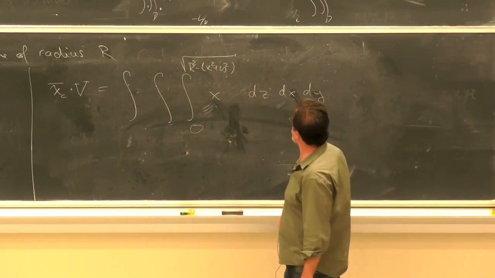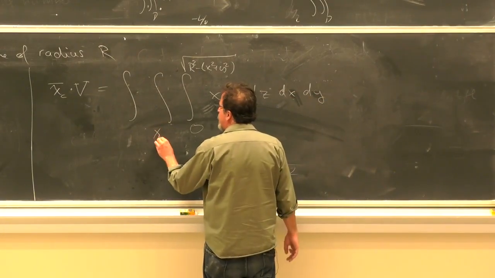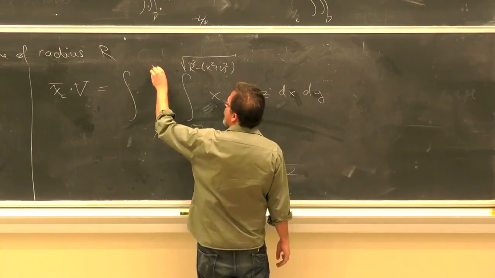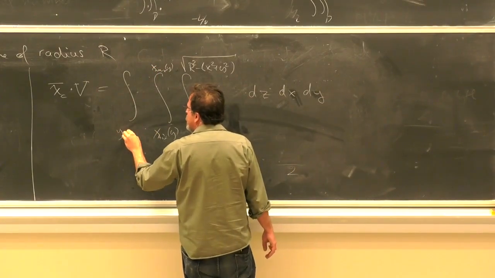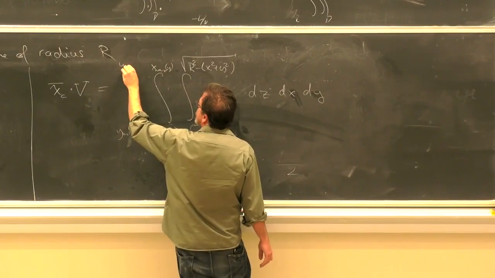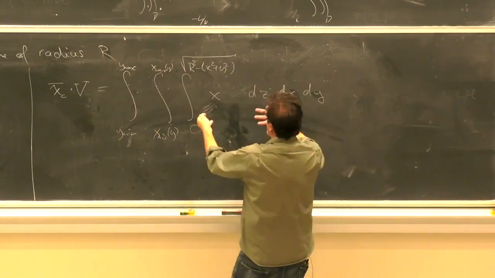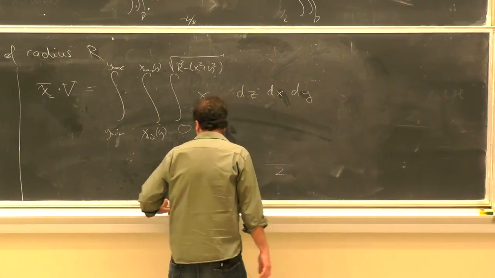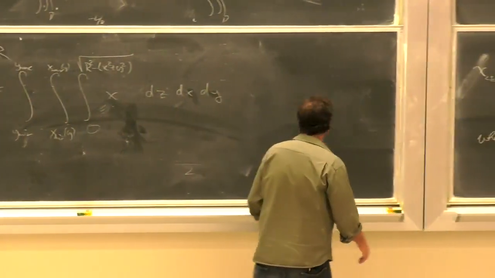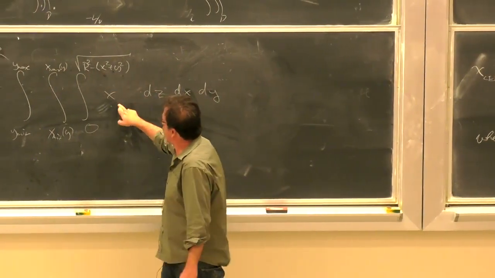So that's that one. And then I have to have x min of y, x max of y, and then y min and y max. So I can do this integration with respect to z very quickly.